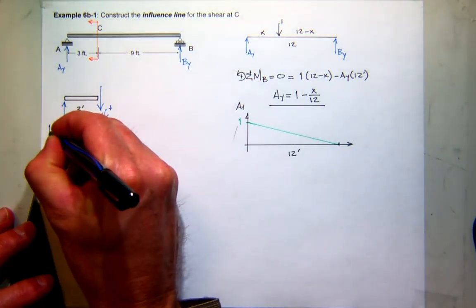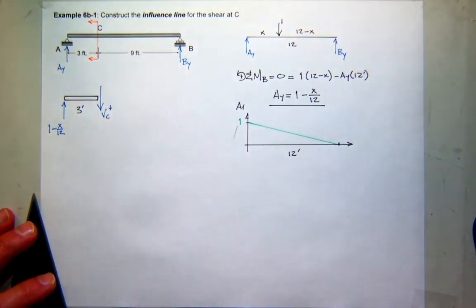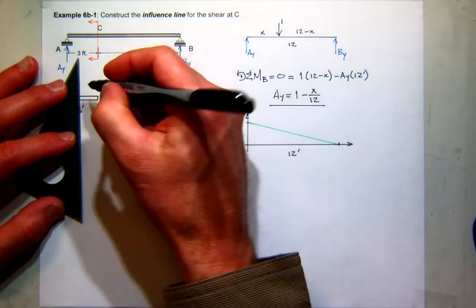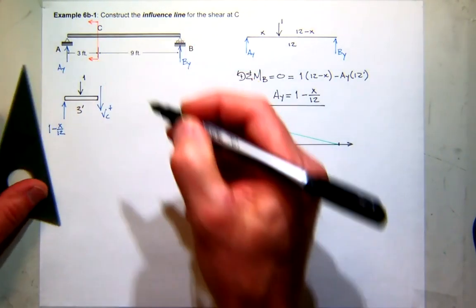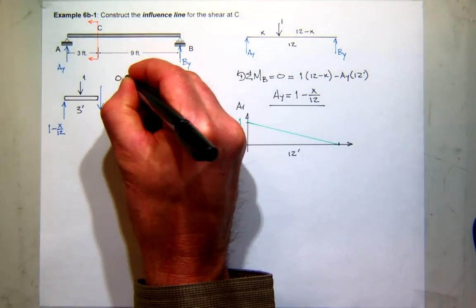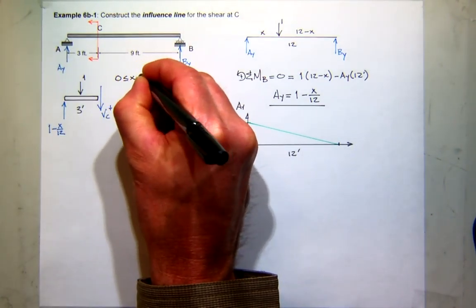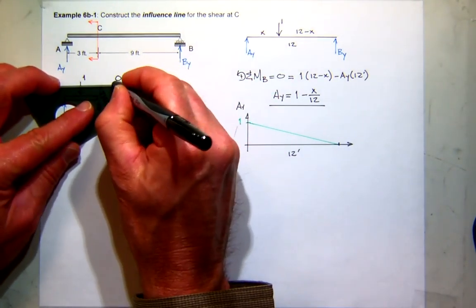You guys see that? And then my unit load will be here. And for that case, that would be where the unit load is located on the first 3 feet of the beam.